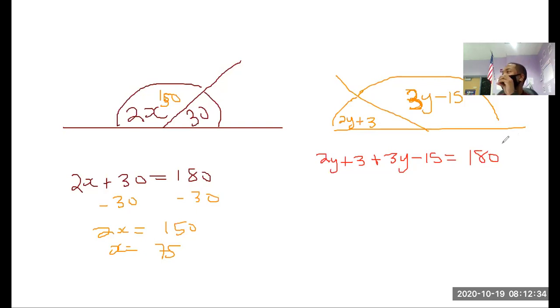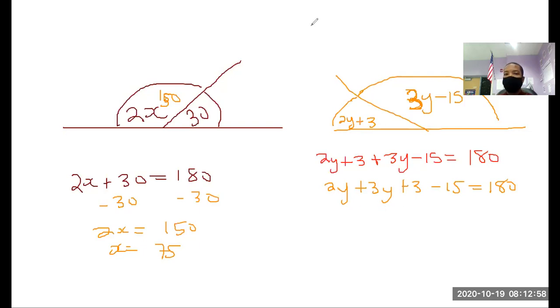Now I have to group my like terms and simplify. So if I'm going to group my like terms, I'm going to have 2y plus 3y plus 3 minus 15 equals 180. All I did was rearrange it so that the y's could be together and everything else is together.